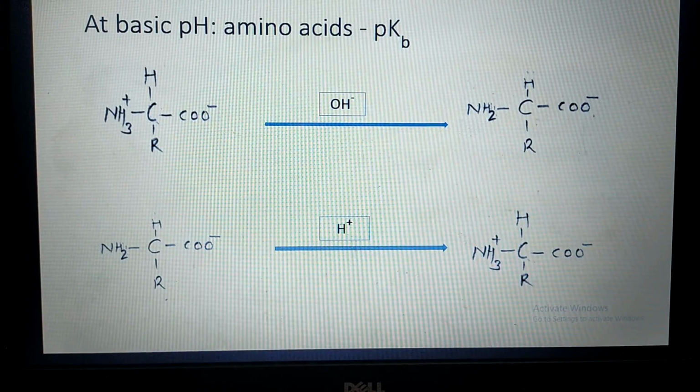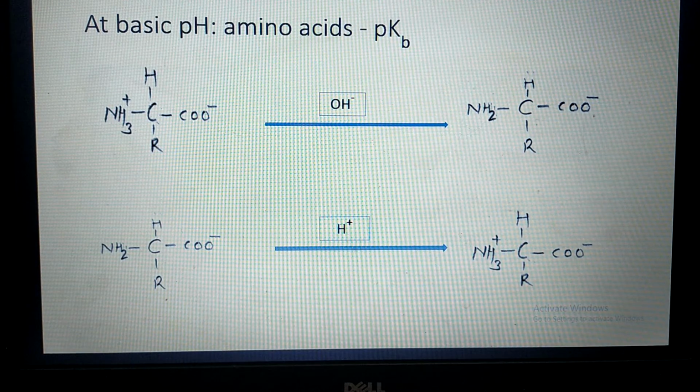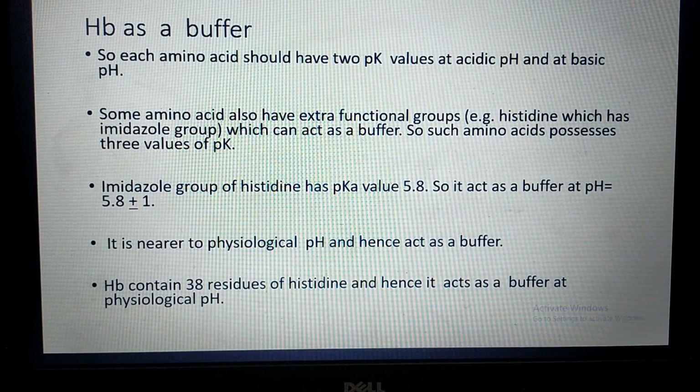So at pKb, when we add alkali externally, that ionized amino group donates its H plus ion and neutralizes it. If we add H plus ions, then the unionized amino group accepts that H plus ion and neutralizes it. In this way, the amino acids act as a good buffer at pKb. So each amino acid has two pK values, at acidic pH and at basic pH.